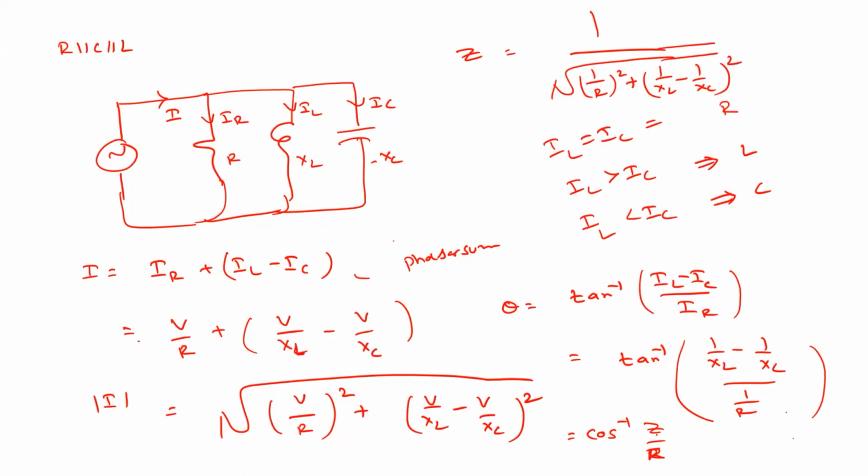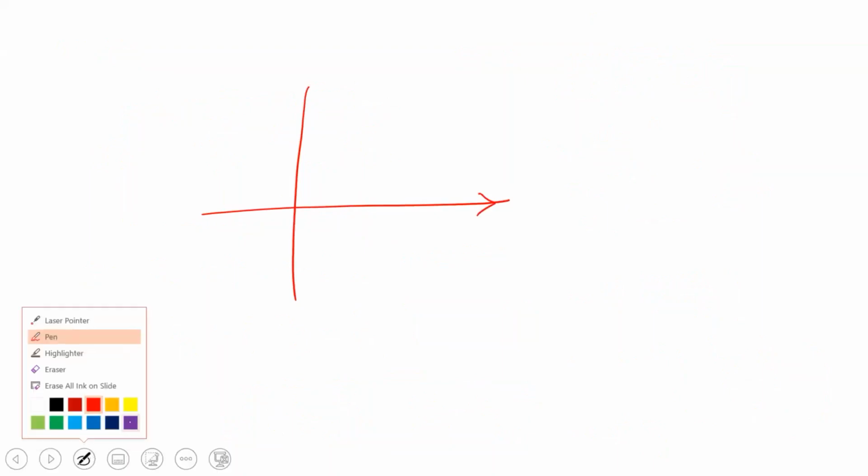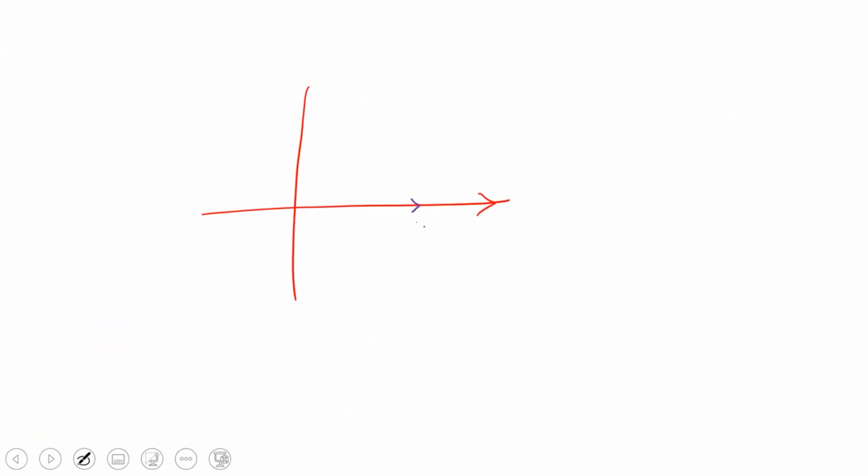So here this theta value will be positive or negative, depending on the values. If you draw the phasor diagram, it will be easier to understand. So let us assume this is voltage V and its corresponding IR. We have this inductive current IL and this is IC.